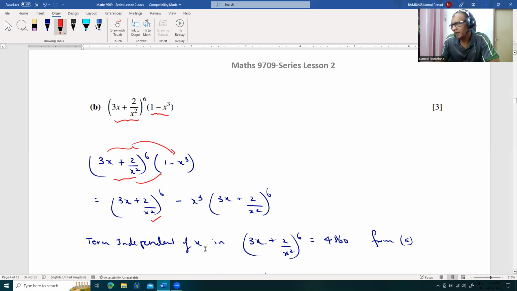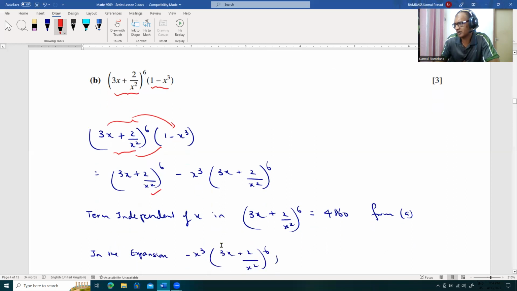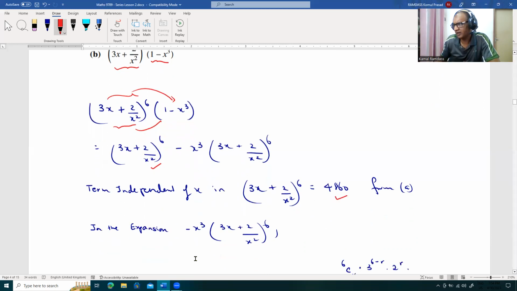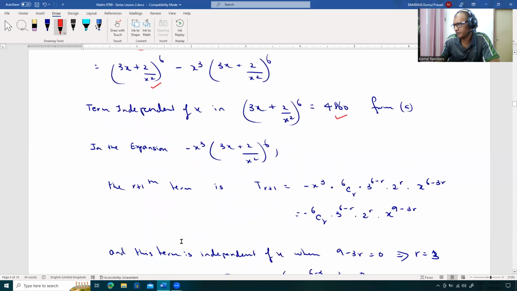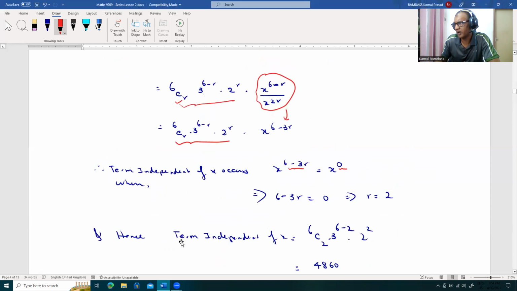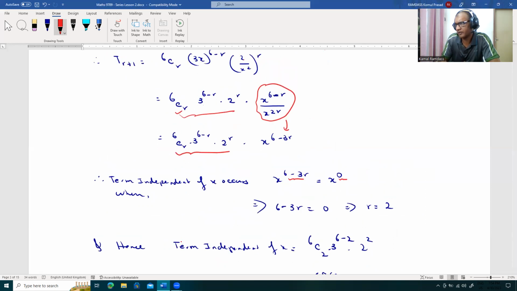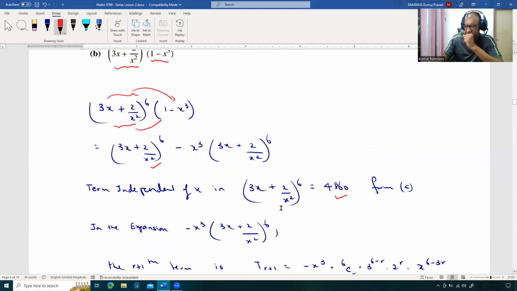OK? And the term independent of x in 3x plus 2 over x squared to the power of 6, moi déjà connu, 4860 from part A. Et dans sa expansion là, minus x cube times 3x plus 2 over x squared to the power of 6, the r plus 1 terms, et moi prends un terme là, this term, 6CR times 3 to the power of 6 minus r, et times 2 to the power of r times x to the power of 6 minus 3r, we'll multiply it by minus x cube.